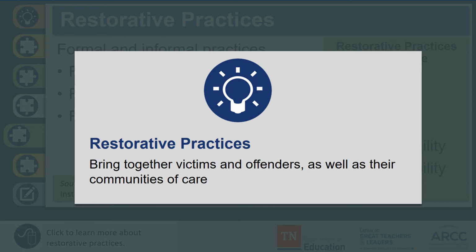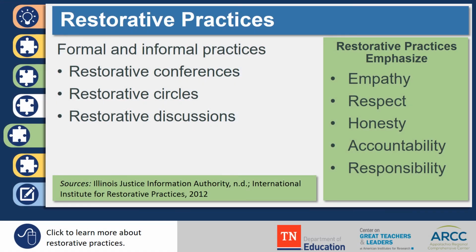When you implement restorative practices, students are more likely to behave, act happier, and be more productive. There are both formal and informal structures in restorative practices. Formal structures include practices like restorative conferences. Informal structures can include practices such as informal discussions.